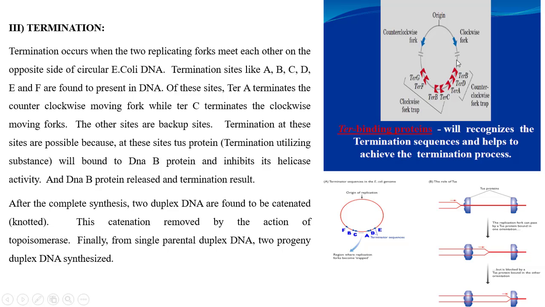So when the clockwise and anti-clockwise movement reaches the ter sequence and the TUS protein is bound to the helicase, termination occurs. When it meets the ter sequence and TUS protein, the termination utilization substance, the replication of the DNA stops.